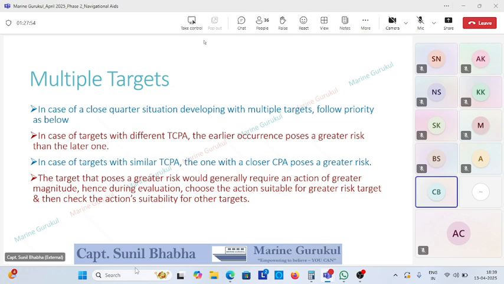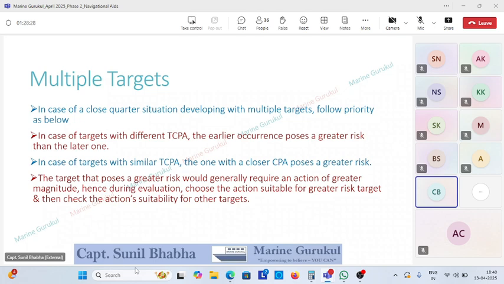Now, having understood a basic plot and having seen the method to predict the action to be taken by own ship, we are now ready to go into the questions involving multiple targets, more than one target. So this very nearly corresponds to the practical situations which we face on board. We may have multiple targets close to us, and we may be required to take action following the ROR.